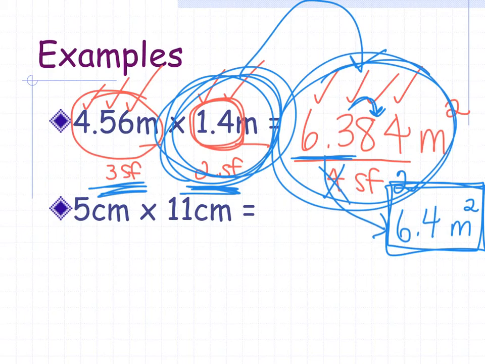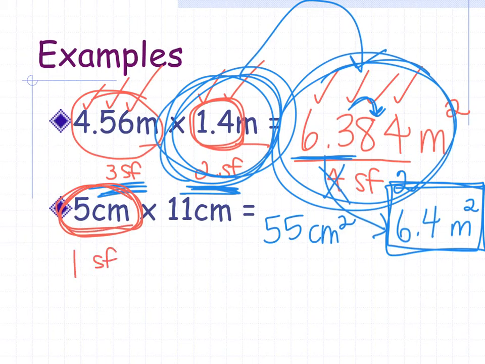So in this next example, 5 times 11, I know you know this in your head. So if we did 5 times 11 centimeters, we would get 55 centimeters squared. Now I'm about to freak you out. Ready? 5 centimeters. How many sig figs is that? It's 1.